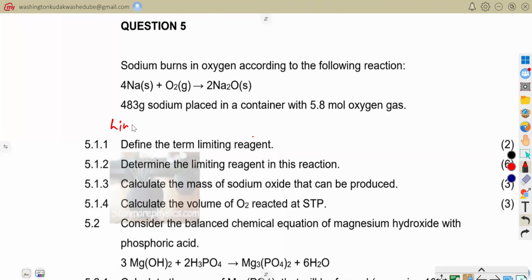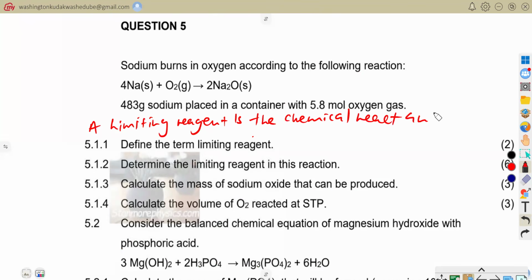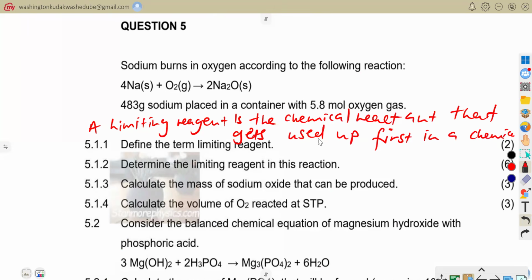So you can say that a limiting reagent is the chemical reactant that gets used up first in a chemical reaction.